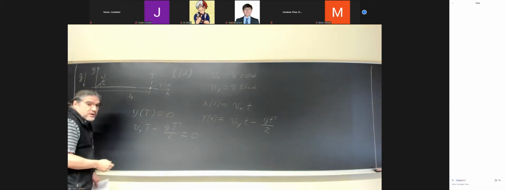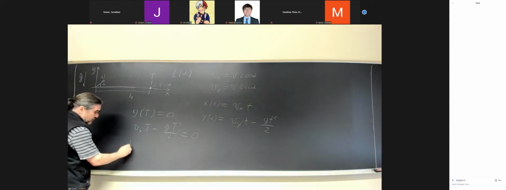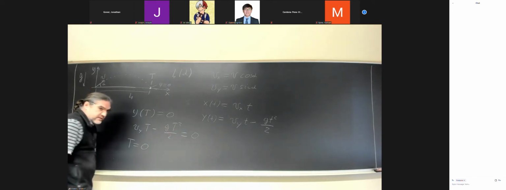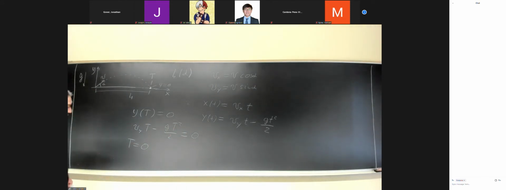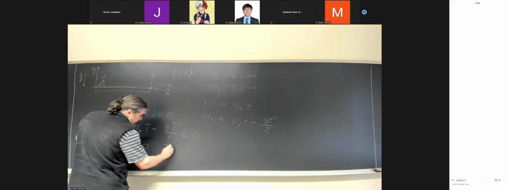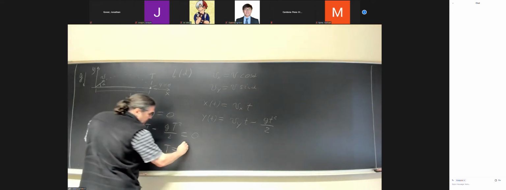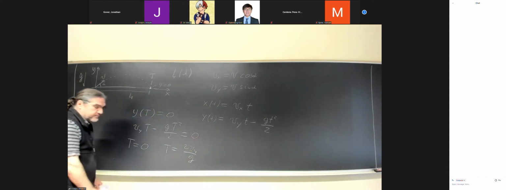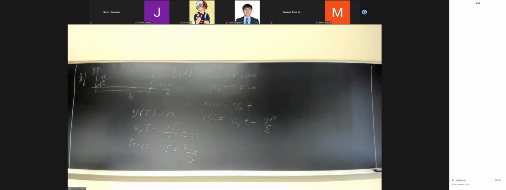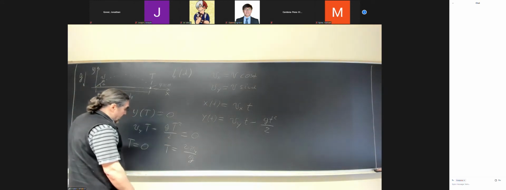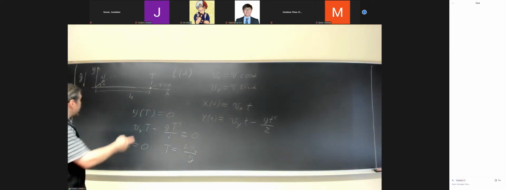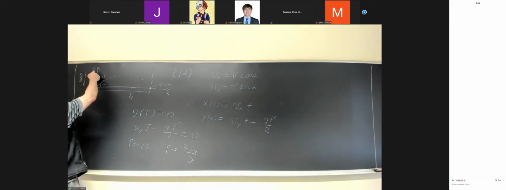This equation obviously has two solutions. One solution is capital T equals 0. If you put T equals 0 here, you'll get the answer. And the second solution is capital T equals 2vy divided by g. Both solutions are correct, because at T equals 0, right here, y was equal to 0.